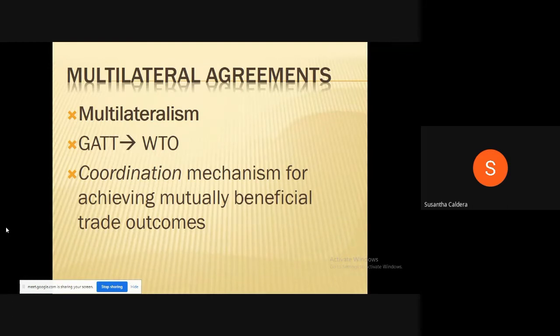The WTO are the people who encourage multilateralism, or multilateral trade agreements, in the trade finance market. Multilateralism means agreements among many countries, more than one country, right? A coordination mechanism for achieving mutually beneficial trade outcomes.